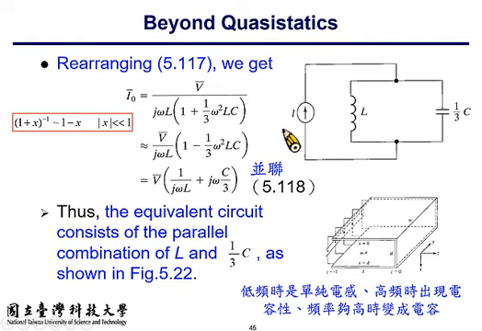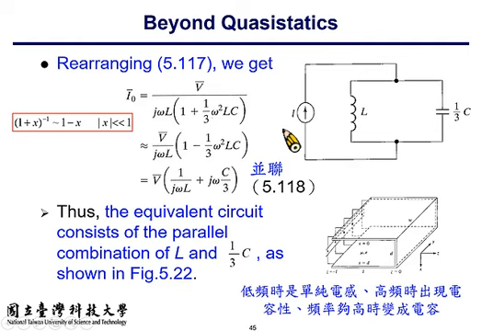So it tells you that even though the dielectric between the structure is perfect, is non-conducting, the structure still exhibits capacitive impedance as the frequency goes beyond the limit of quasi-static approximation.